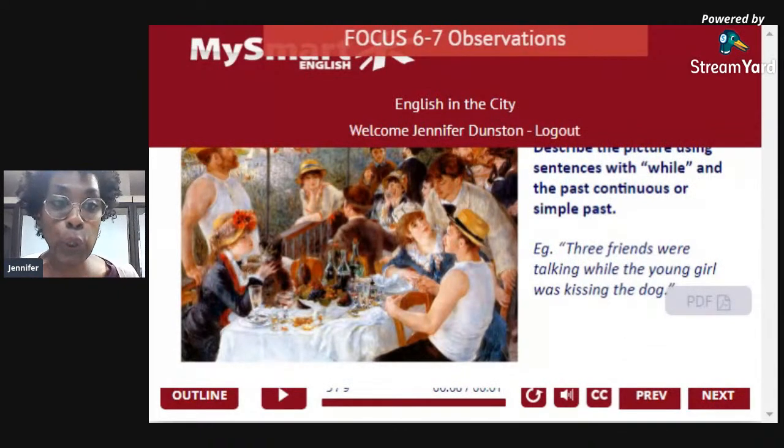So this way we can look at it, and then as you come up with phrases that describe the painting with when and while, using past simple and past continuous, you can just write down these sentences and stick them in our conversation box. We already have an example for us. Let's see if I can come up with another example for you.